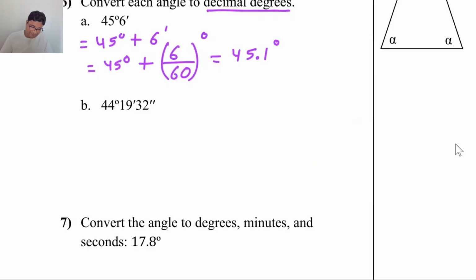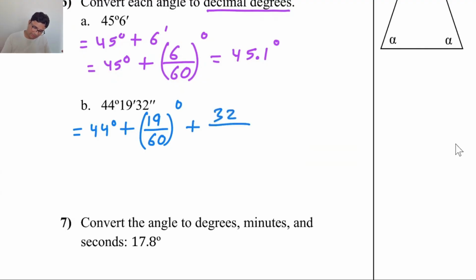In the same way, this is 44 degrees, 19 minutes, but you divide by 60 to convert it into degrees. And then 32 seconds.